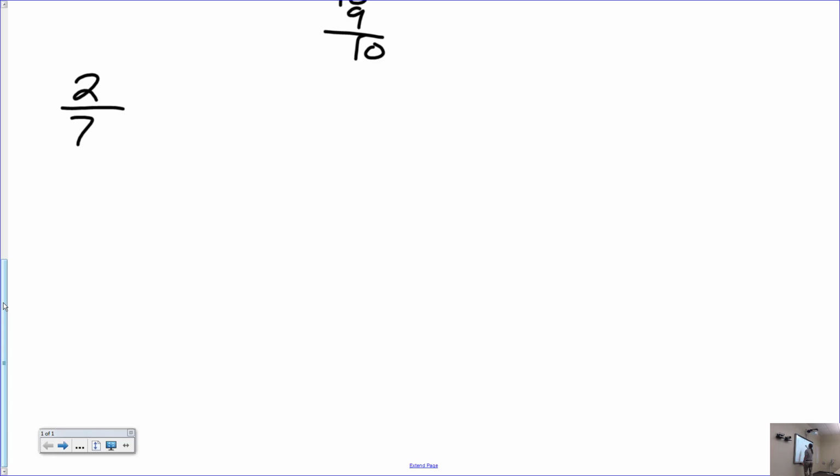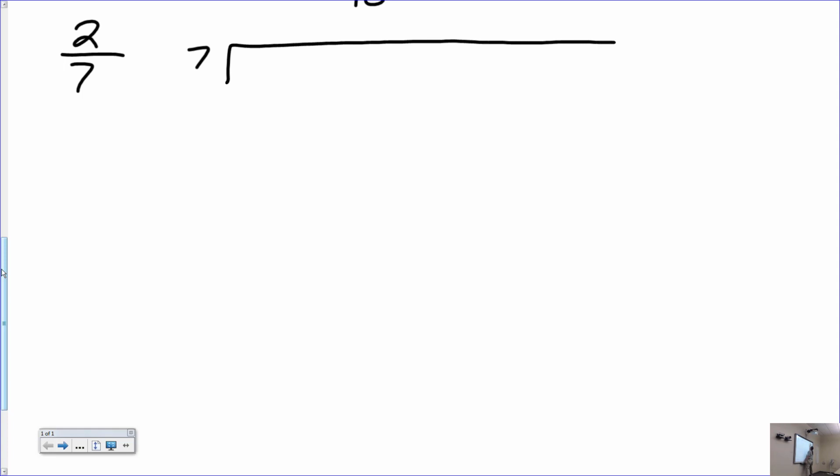So 7 divided into 2. And now let's make sure I have as much room as possible. Hint, hint, hint. And I will try and write a little bit smaller this time. Again, remember that the decimal point always goes straight up from where it is, right?